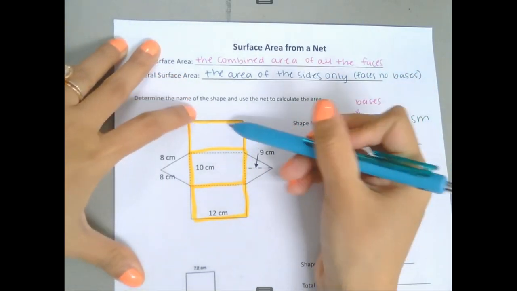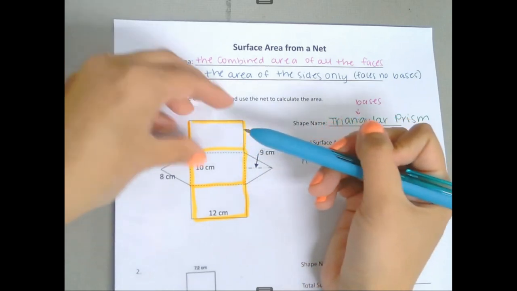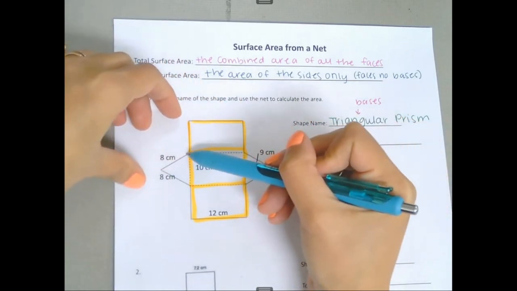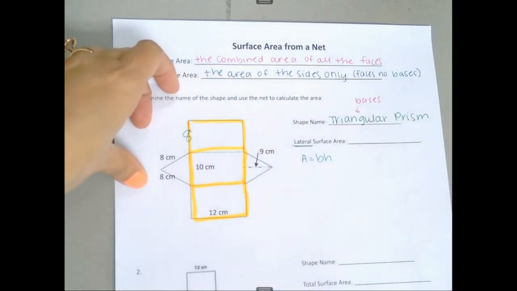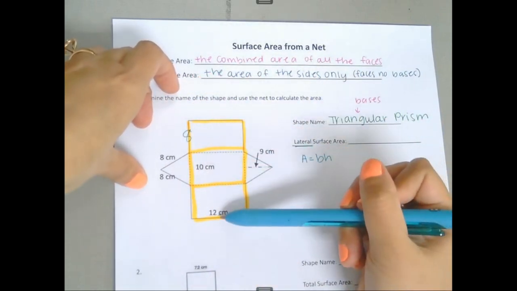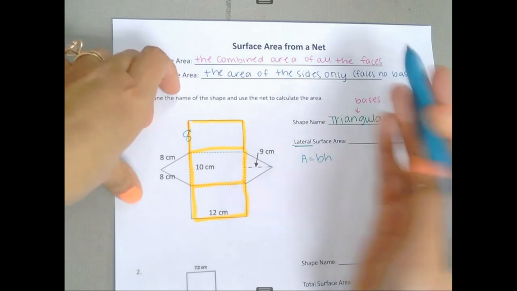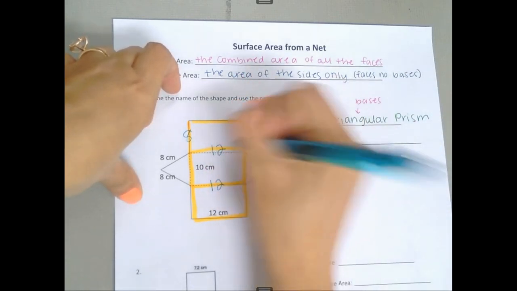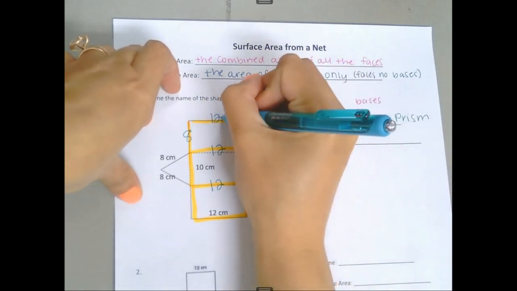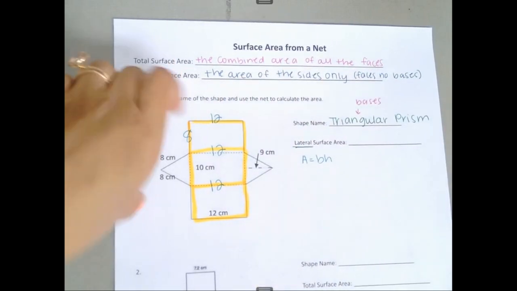So if I look at this top rectangle, if I folded this up, this side on the triangle would line up here. So that makes this side 8. This side is 12, and this is a rectangle. Then this one is also 12, this one is also 12, and this one is also 12. All right.